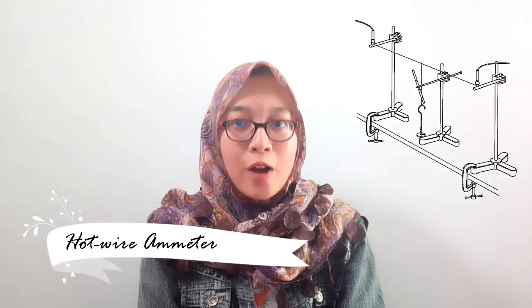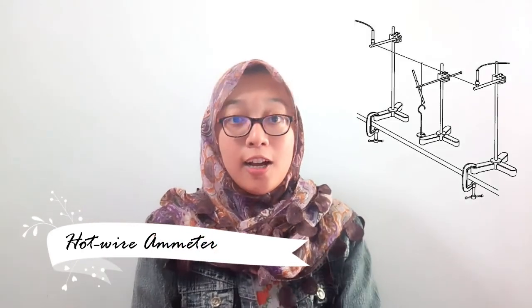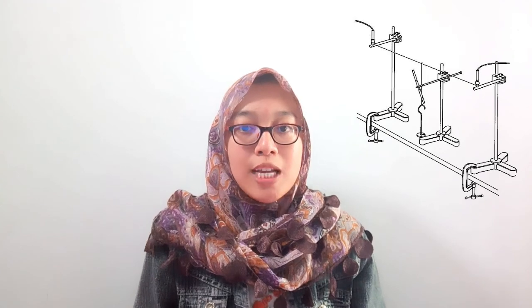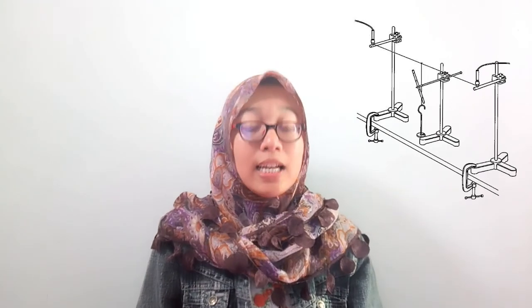Next is the hot-wire ammeter. In a hot-wire ammeter, a current is passed through a wire which expands as it heats. Although these instruments have slow response time and low accuracy, they were sometimes used in measuring radio frequency currents, and this also measures the RMS value of an AC.